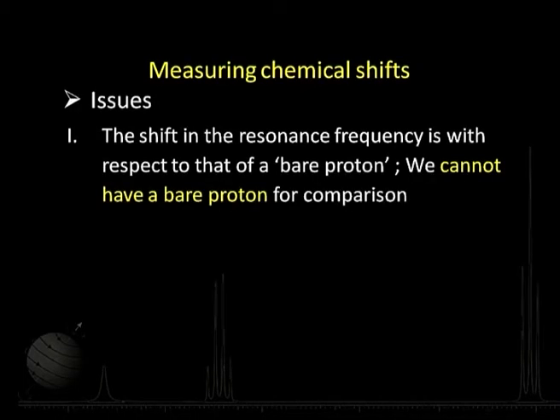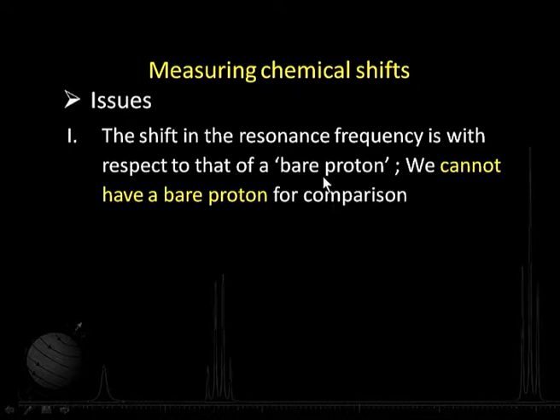Let us see. In all the spectroscopy we have done earlier, it is very simple: the x-axis is some measure of energy. It could be frequency, wavelength, or wave number. But in the case of NMR we can't do that, because there are certain issues. Firstly, the shift in resonance frequency is with respect to that of a bare proton.